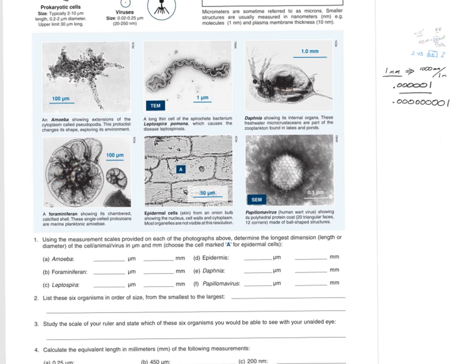Oh, that one whole thing. You have to count one. Don't count all of them. Just one. So what about the papillomavirus? It's just that small one right there. This whole thing.